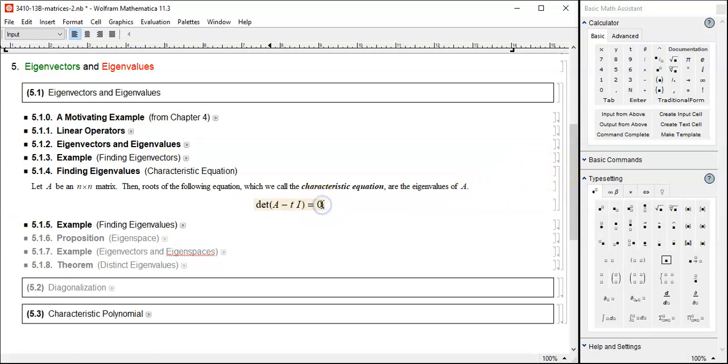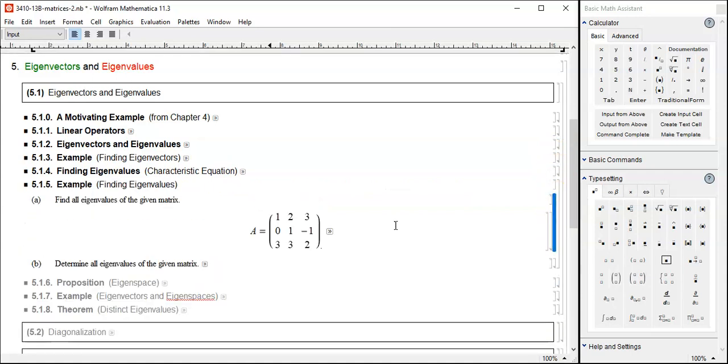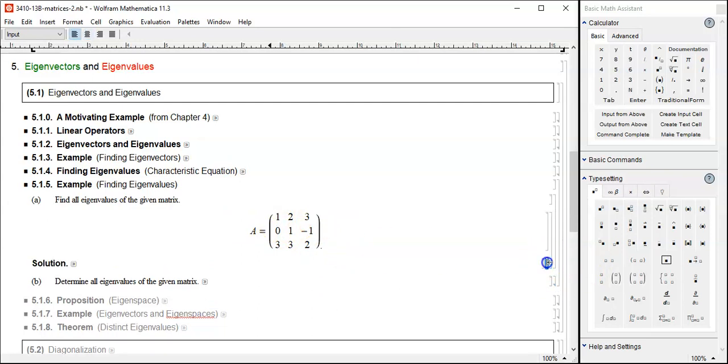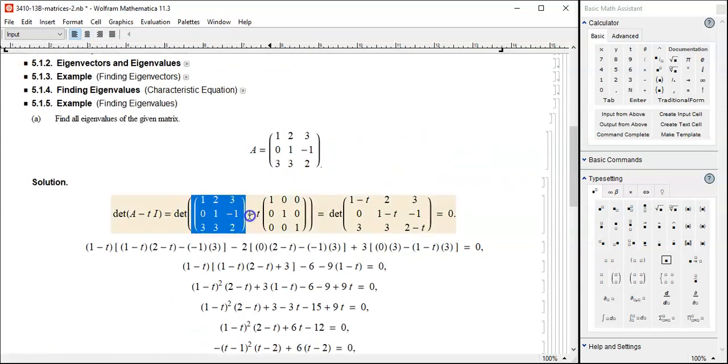Let's just use it. So let's go to the previous example and find out the eigenvalues, the same matrix here, and determine all the eigenvalues. How do I do that? Basically, we have to calculate A minus tI.